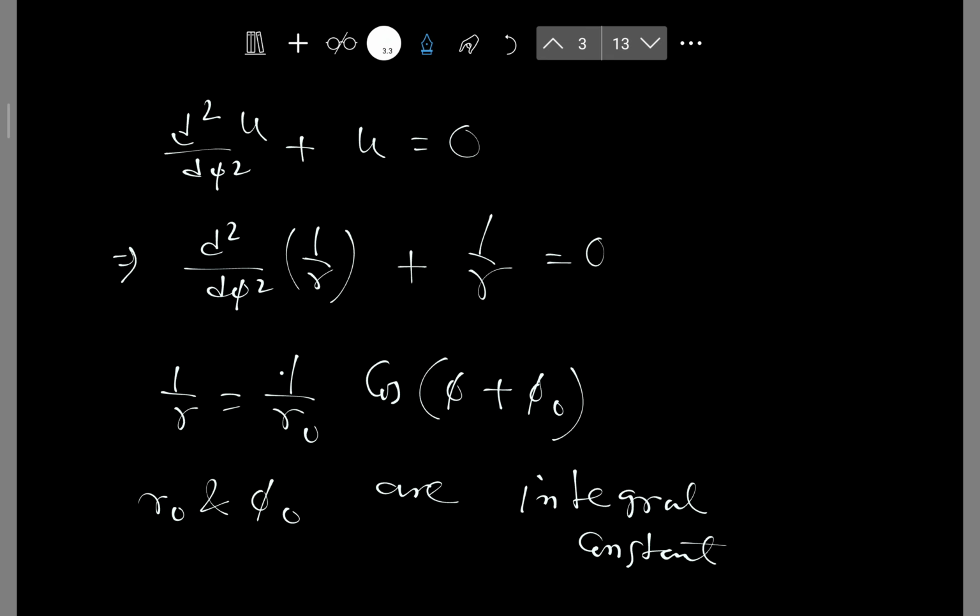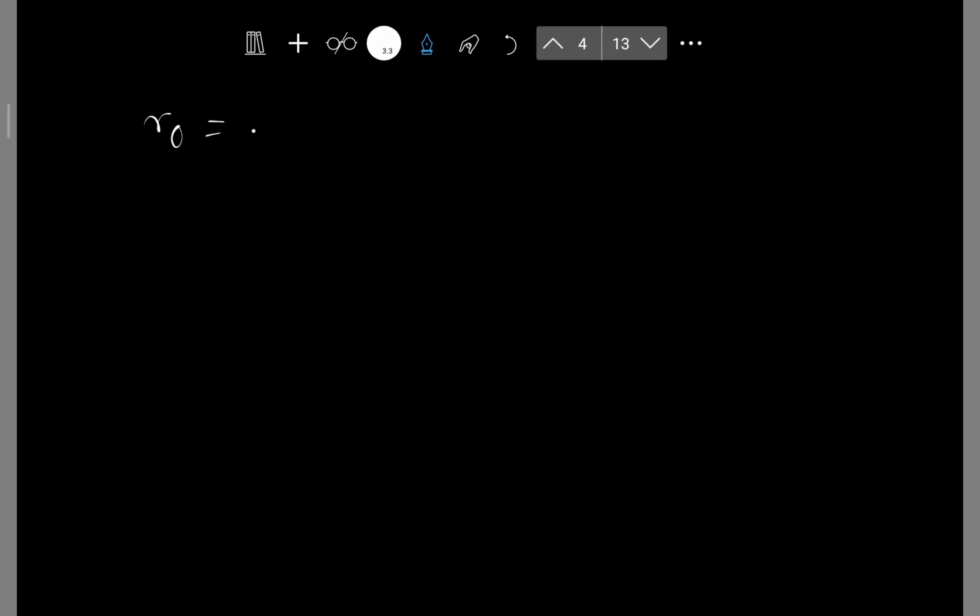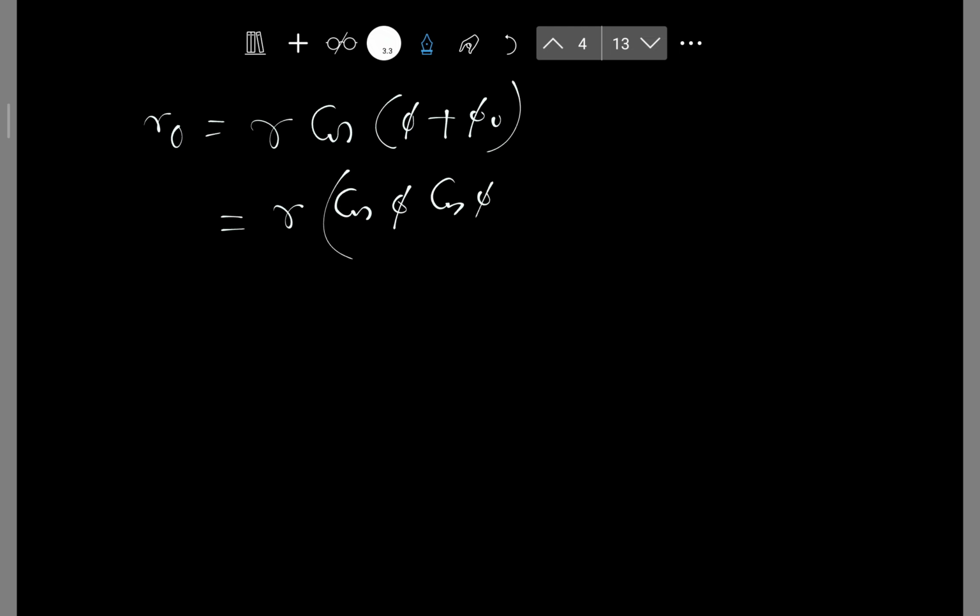In order to understand the physical meaning of r naught and phi naught, we have r naught equal to r cos of phi plus phi naught, and we can expand. We have cos of phi plus phi naught equal to cos phi cos phi naught minus sin phi sin phi naught.